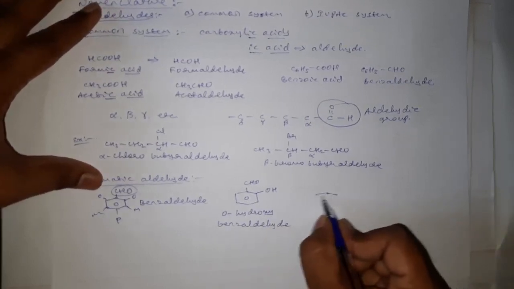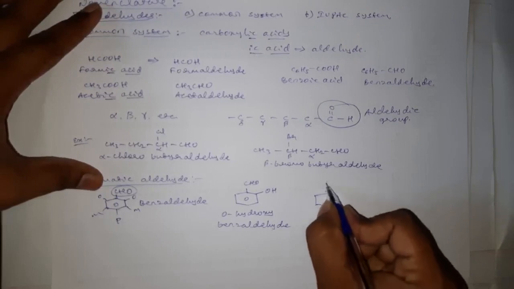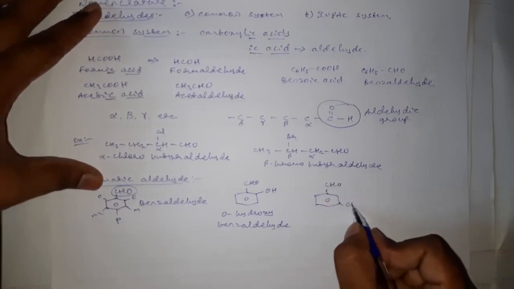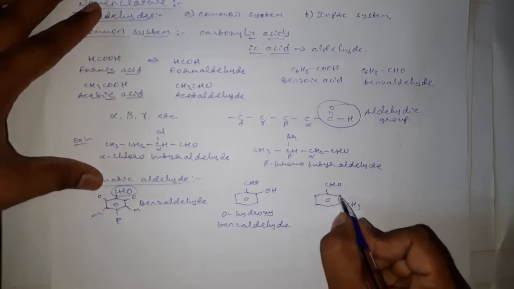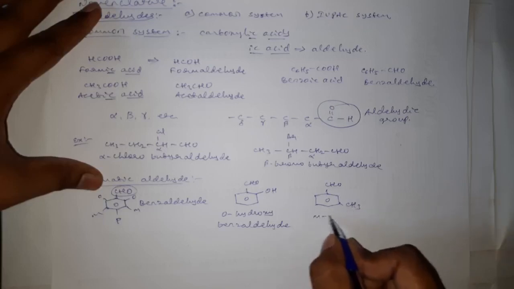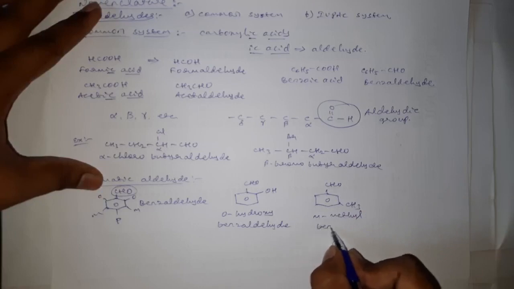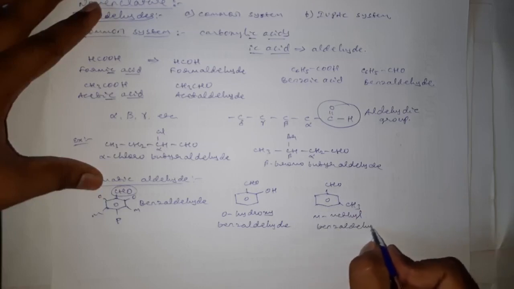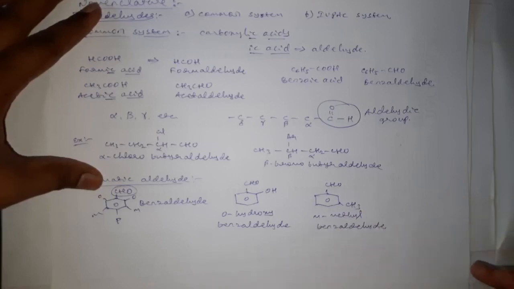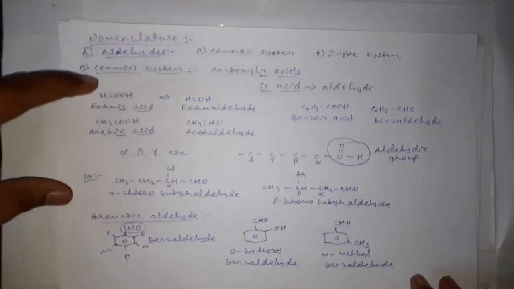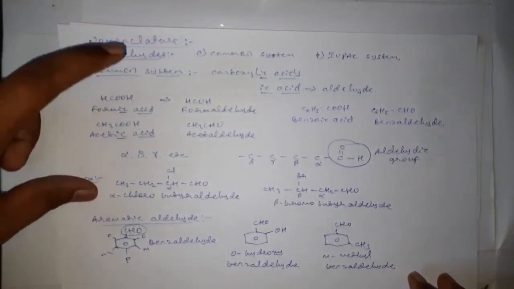And if it has the CH3 group at this position, this is ortho, this is meta, and its common name is meta-methyl benzaldehyde. Okay, this is all about the common system of nomenclature for aldehydes.